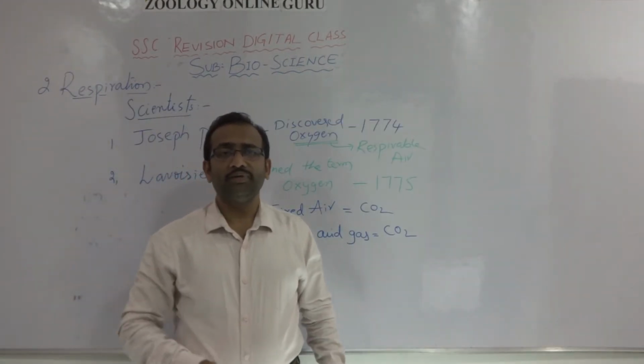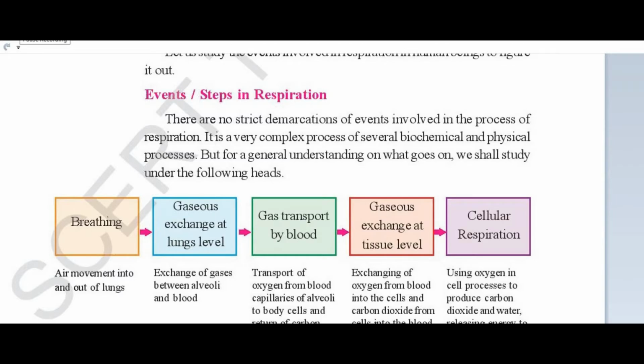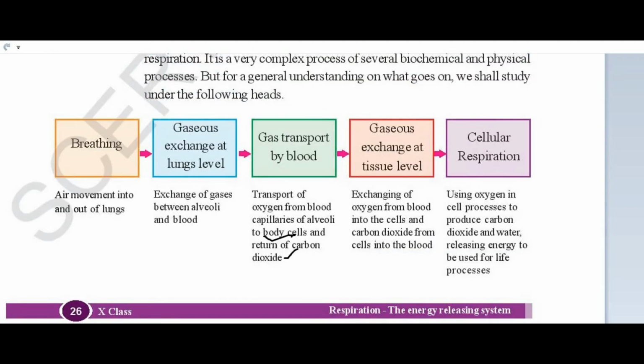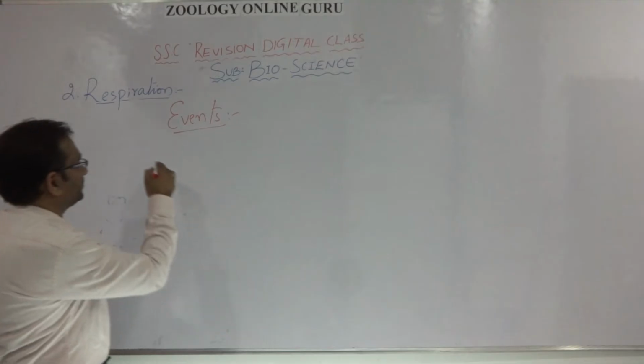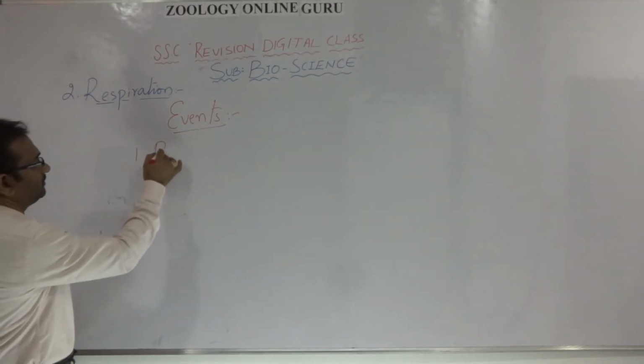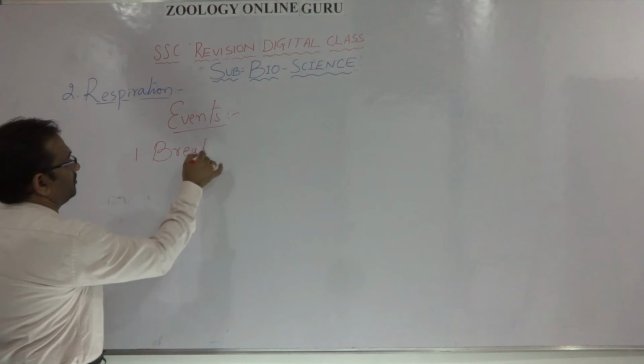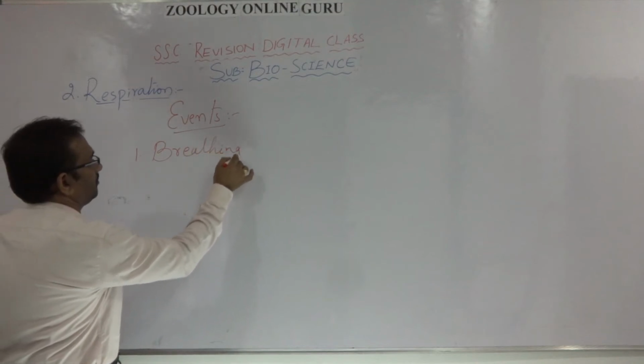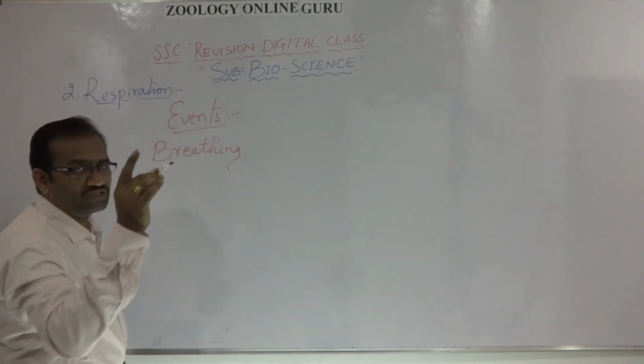The steps in respiration: breathing, gaseous exchange at lungs level, exchange of gases between alveoli and blood, transport in the blood, and gaseous exchange at tissue level. Breathing is the first step.